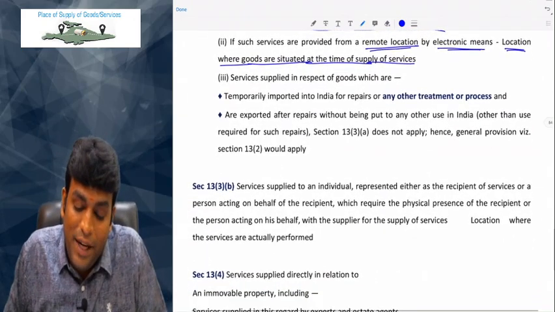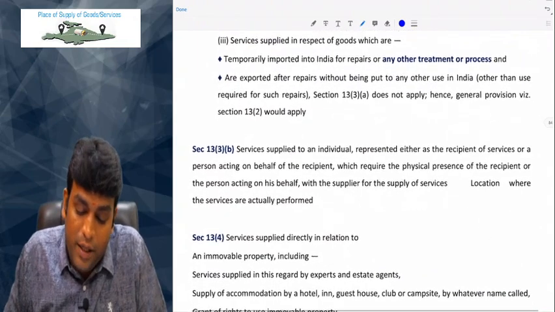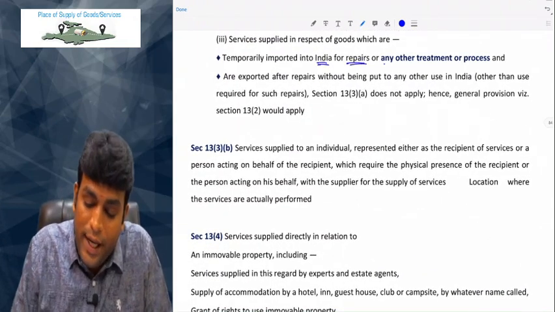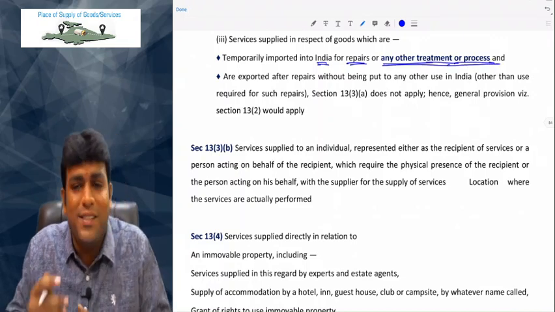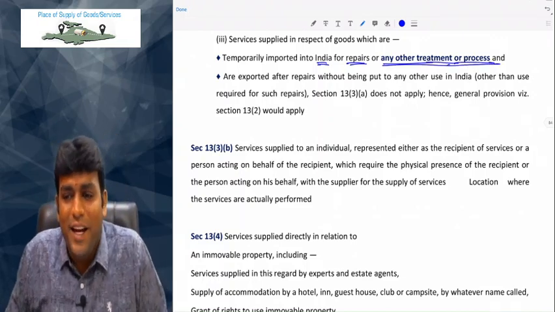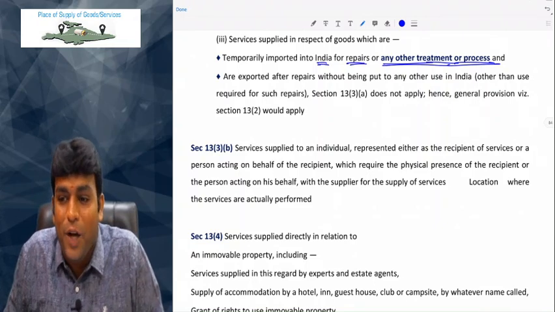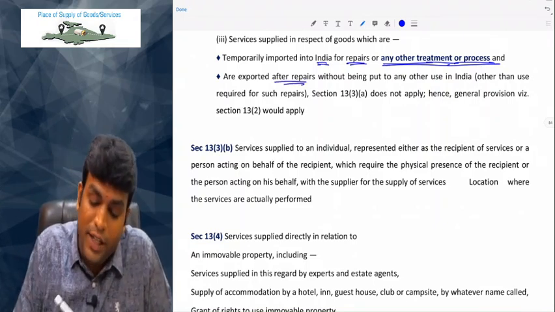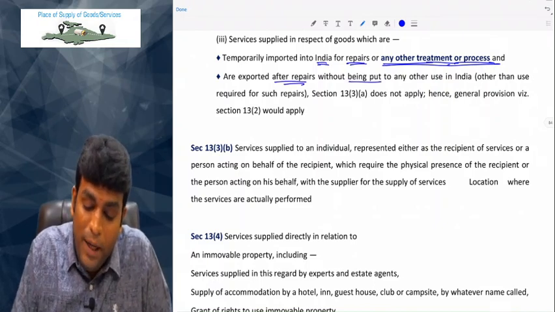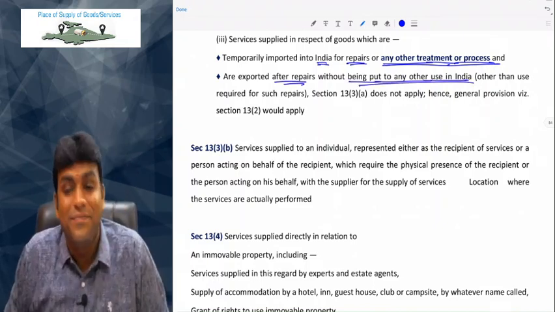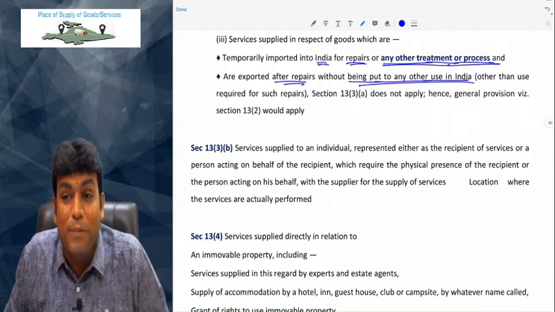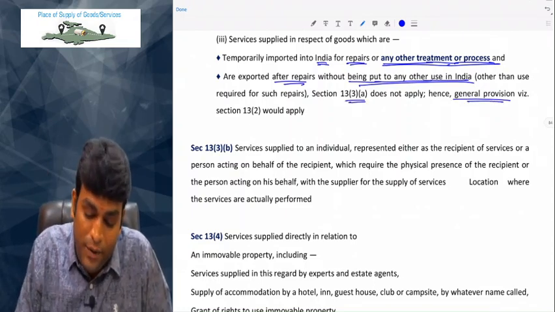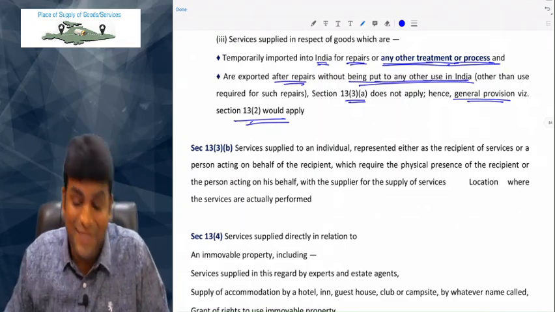And services supplied in respect of goods which are temporarily imported into India for repairs or any other treatment or process, and exported after repairs without being put to any other use in India. In India they are used only for the purpose of repairs. Then 13.3 will not apply, the general provision 13.2 will apply.